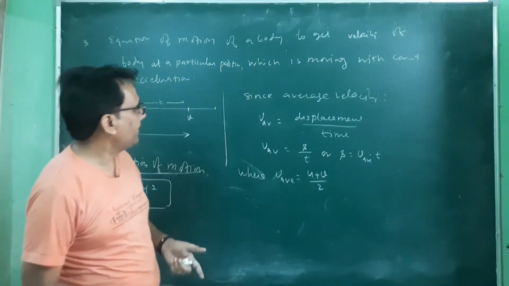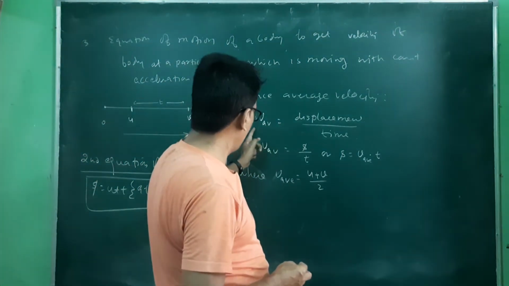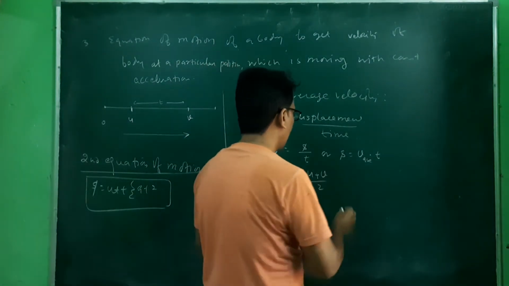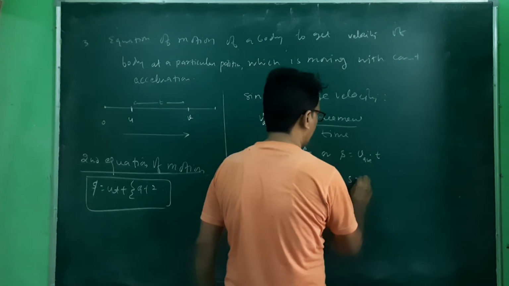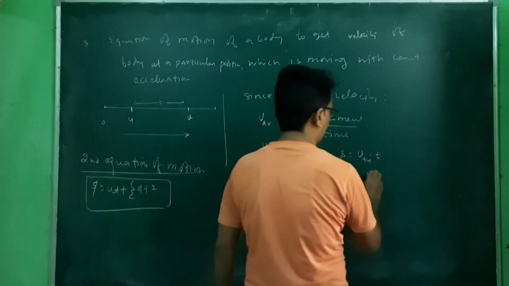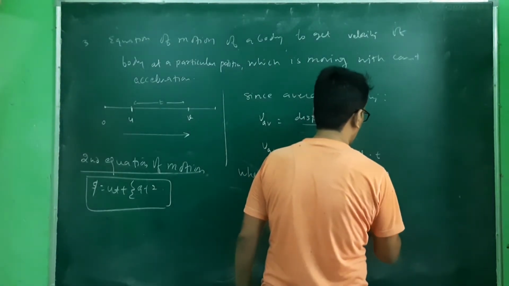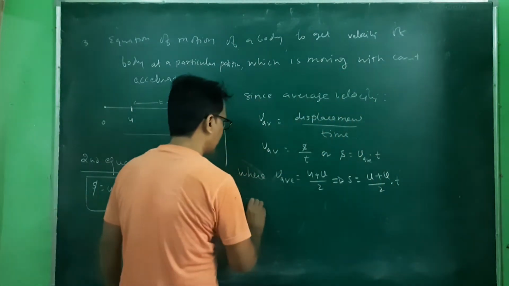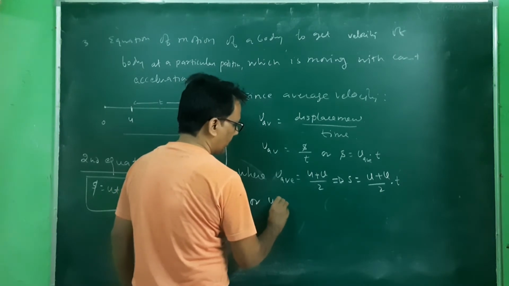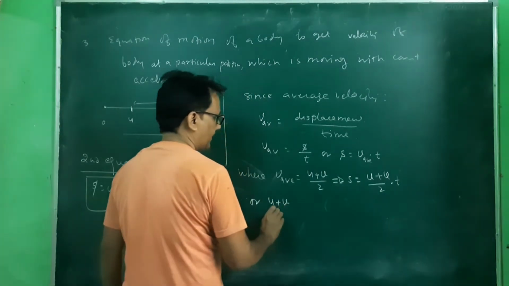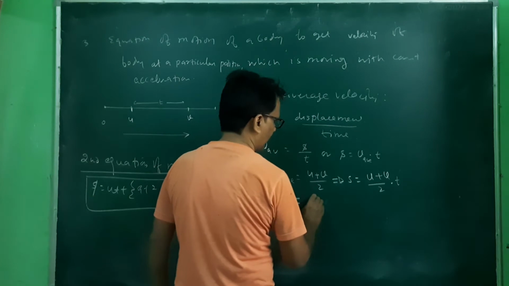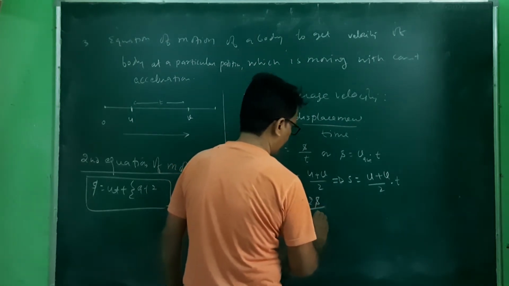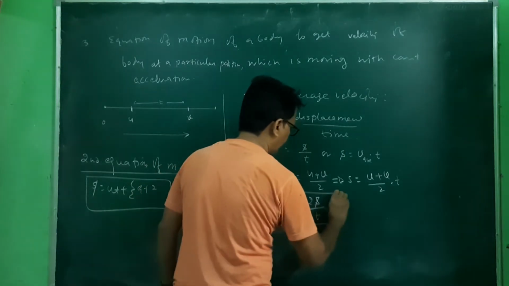So again we can use the same. Since the average velocity is v average, the displacement s is equal to u plus v by 2 multiplied by t, or u plus v is equal to 2s by t. This is one relation.